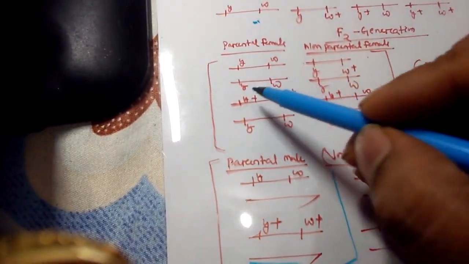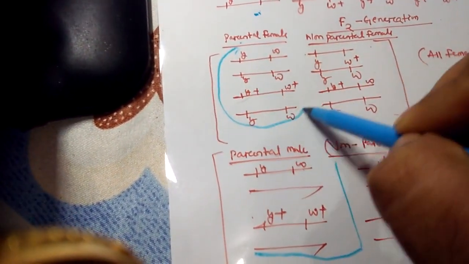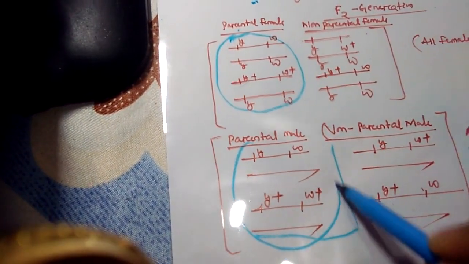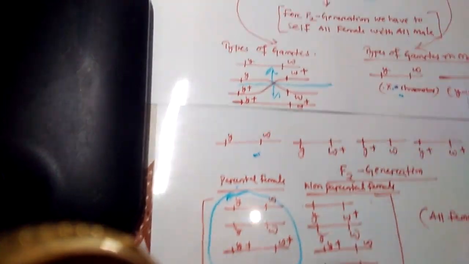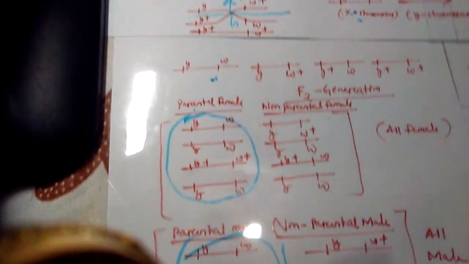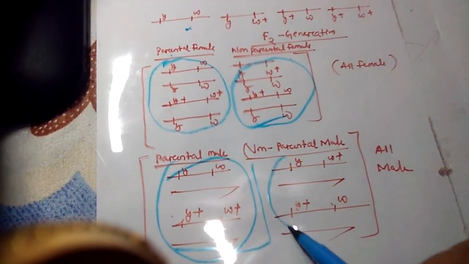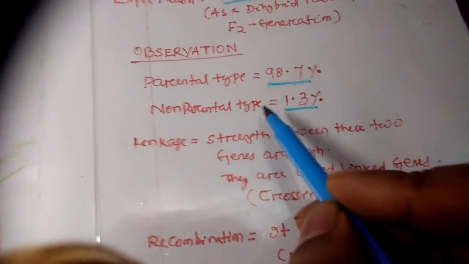If you combine both male and female, this whole is your parental type, in female and in male. These total 98.7%. And if you combine the non-parental type in female and in male, you got 1.3% only.